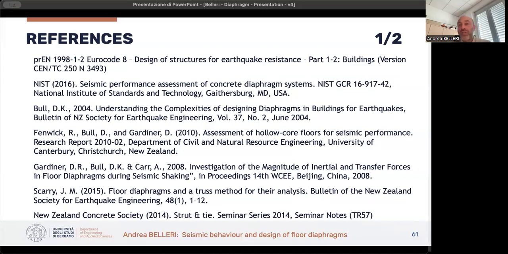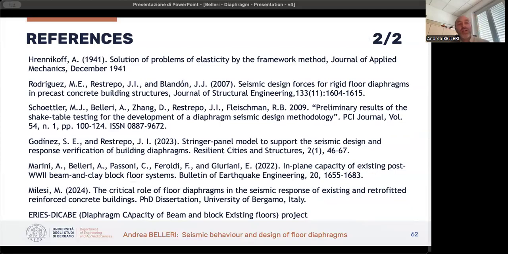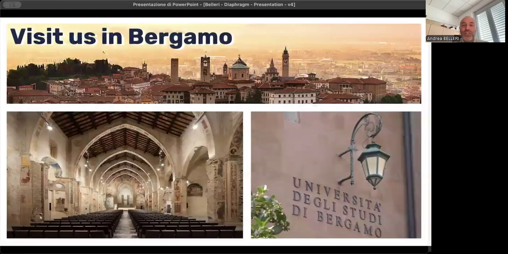These relate to building codes, existing research, particularly research of Bull and Gardiner in New Zealand, and also some other references related to the beam and clay block floor systems that I mentioned before. So I hope you enjoyed this presentation, and I invite you to visit us in Bergamo sooner or later.